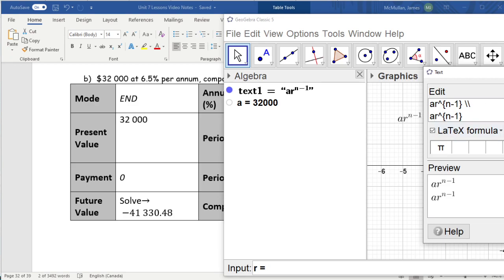R is equal to 1 plus the interest rate, which I'm going to call i, because it's a 6.5% interest rate. You don't multiply by 0.065 because that's going to reduce your money, right? 1.065 causes you to grow by that amount.